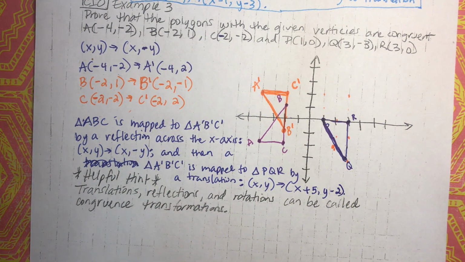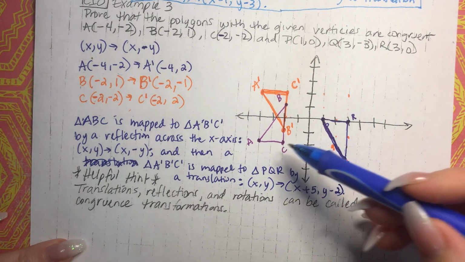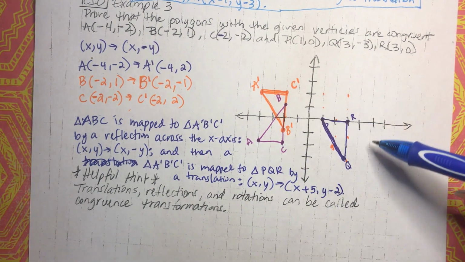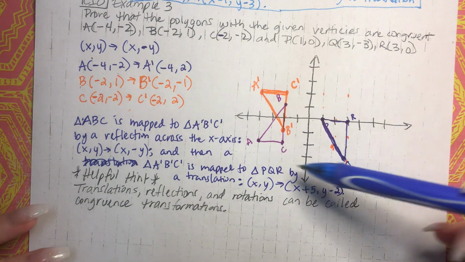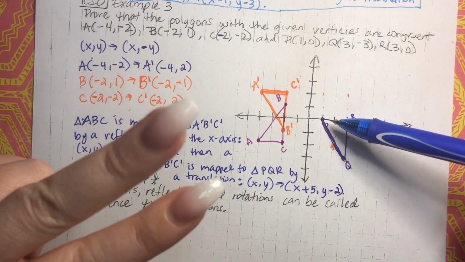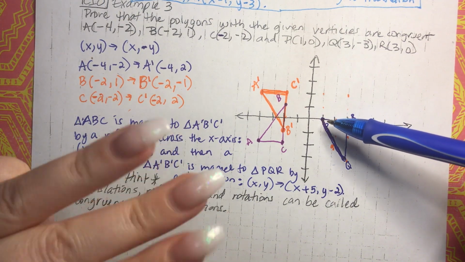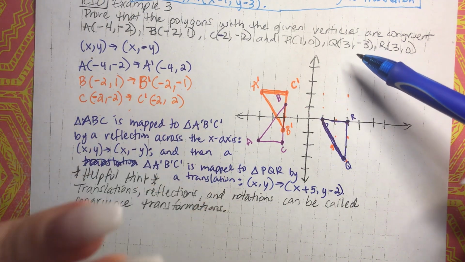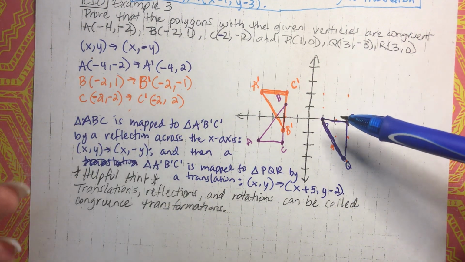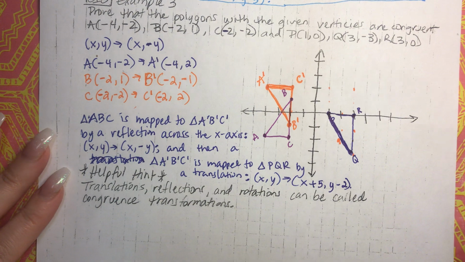So that would be the proof showing that these two triangles are congruent. It did a reflection, and then it did a translation, which are both isometries. So whenever you work with any type of isometries, rotations, reflections, and translations, any combination of those will still give you a figure that is congruent. The image will be congruent to the pre-image.